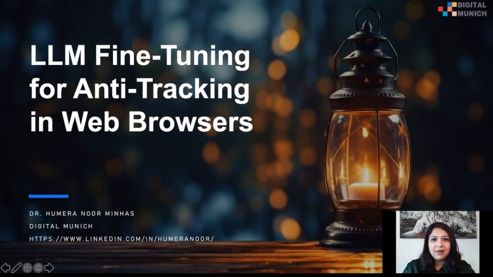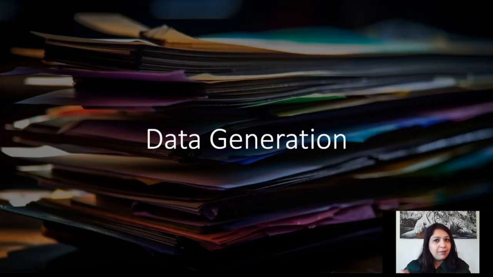Online tracking happens in a number of ways. There can be cookies which are stored on your device, or fingerprinting, and so on. But one of the common parameters that can be used to detect these trackers is by looking at the URLs that are being sent to and from our browser.